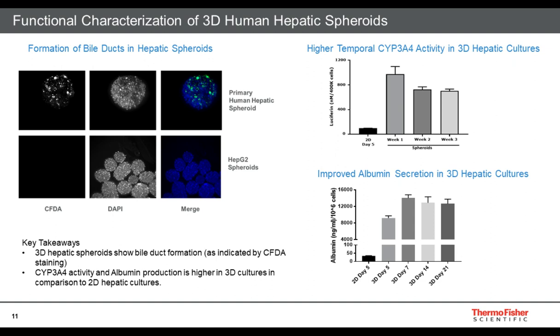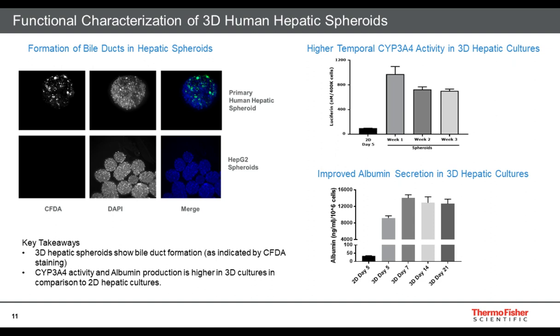So this is something we fairly consistently see with the spheroids. If we're looking at activity, the figure in the upper right, we're looking at the specific activity for the CYP3A4 transporter in the 3D cultures, substantially higher.